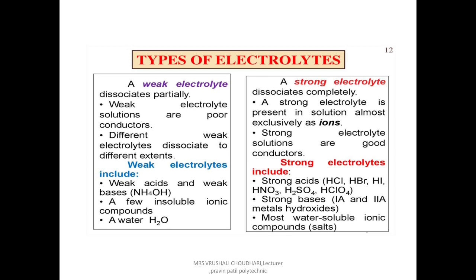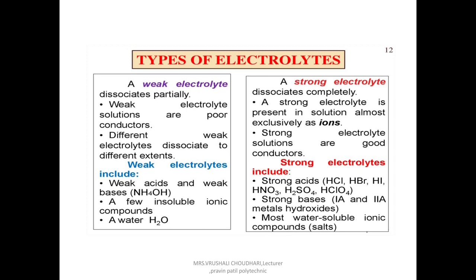Weak electrolyte solutions are poor conductors of electricity because they have very few cations and anions. Strong electrolytes present in the solution are good conductors of electricity due to a large number of cations and anions.